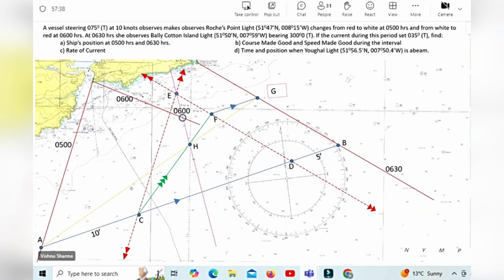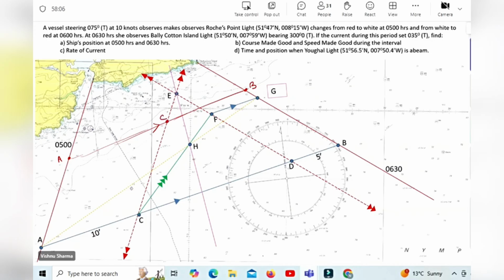Clear, beta? Now I just want to show that suppose somebody else takes a point A here. It does not change things. When you draw the CTS from here, this will be the CTS, this will be B. When you measure 10 miles, C would be here.